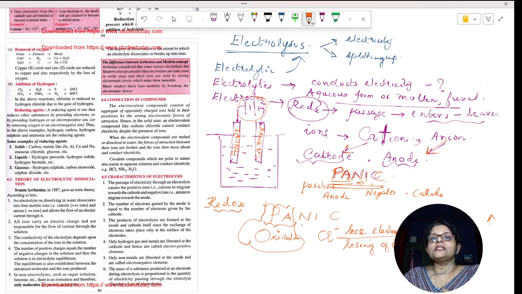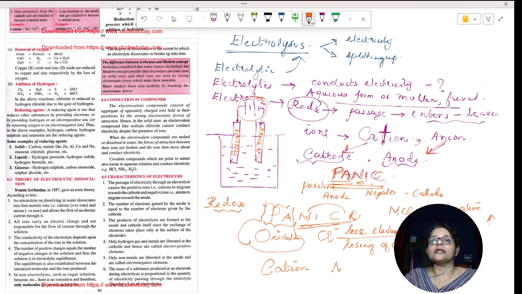And what happens here? Just remember NCR. NCR means, at the negative cathode, reduction happens. What happens to the cation, the positive ion, which migrates towards the cathode?